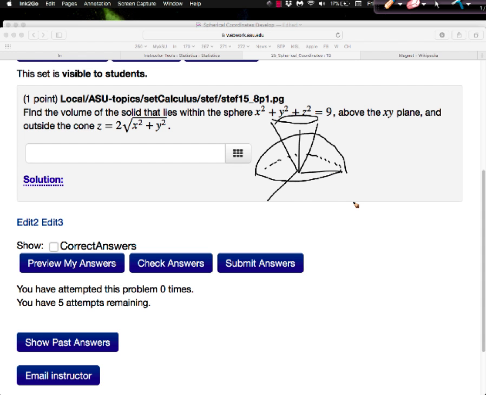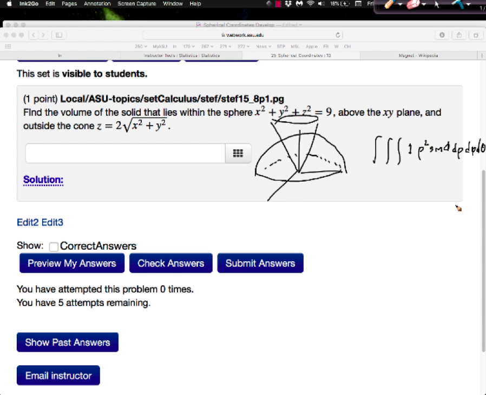Okay, and so we want to use spherical coordinates to do this. And so, does it say volume? So the volume means our function is 1. We're going to have rho squared sine phi d rho d phi d theta.